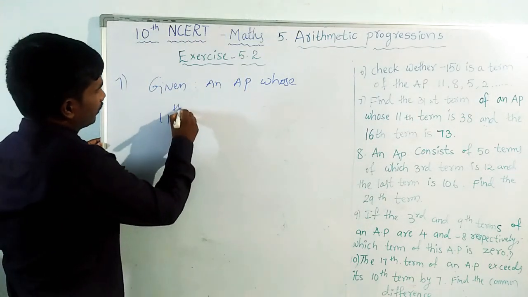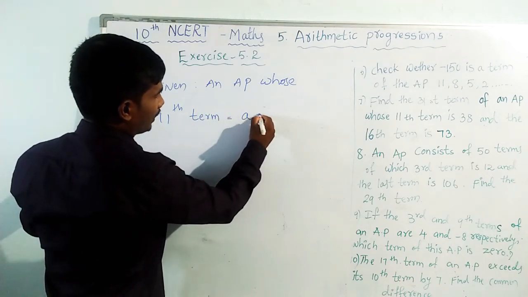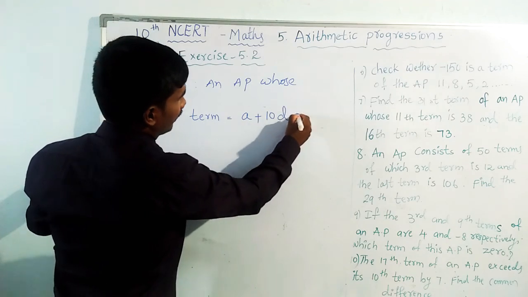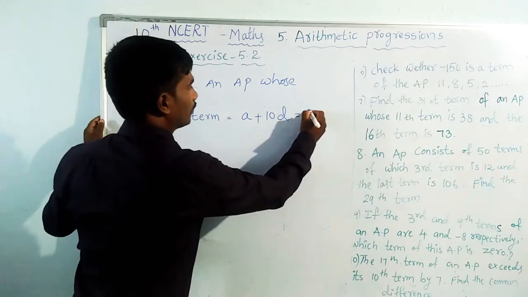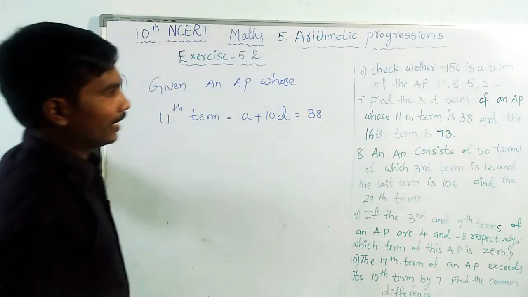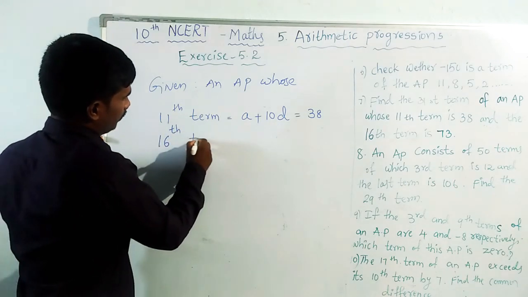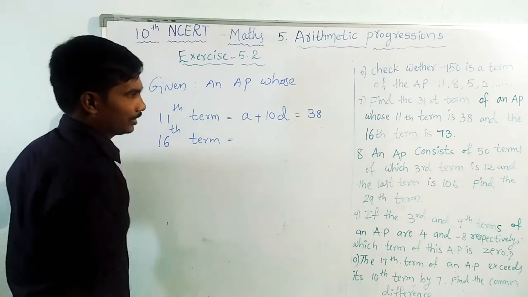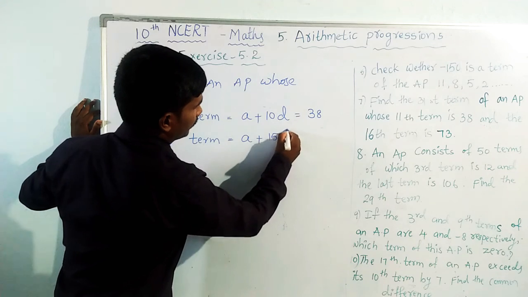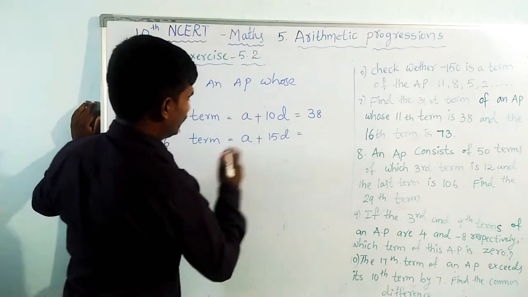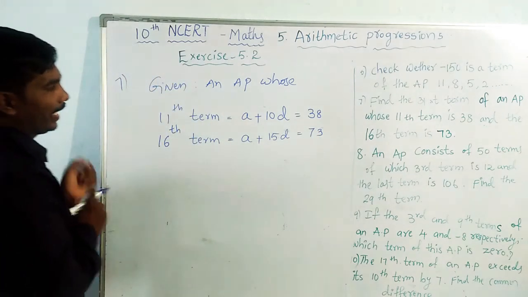What is the 11th term? a plus 10d is the 11th term, so a plus 10d is 38. Next, the 16th term. What is the 16th term? a plus 15d is the 16th term, and that is 73. From this, find the a and d values.